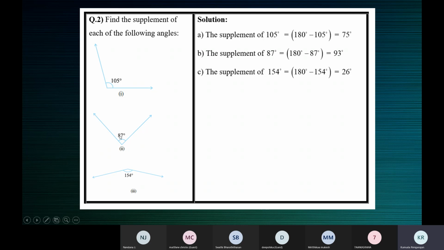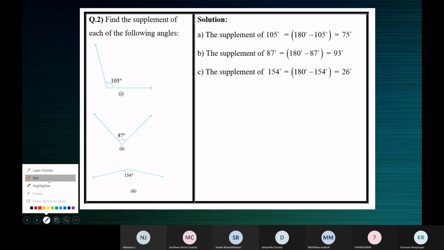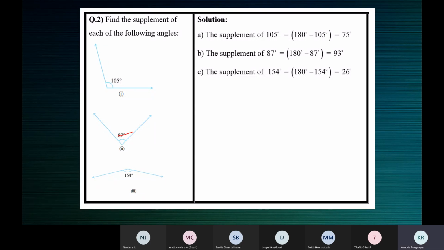Now, supposing this is 75. What will you say about 105 and 75? Are they supplementary? Yes, ma'am, 105 plus 75 is 180. They are supplementary angles, but they don't form adjacent angles.